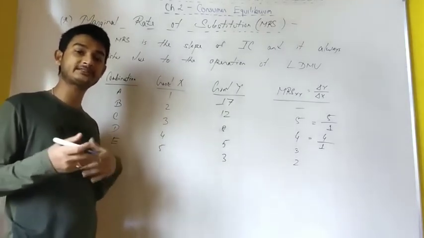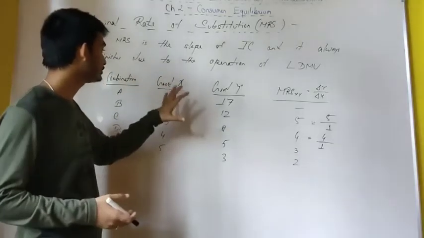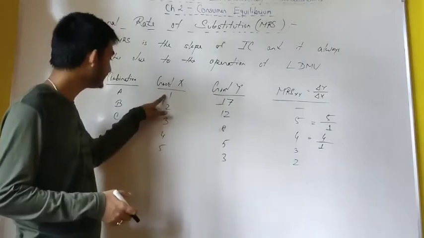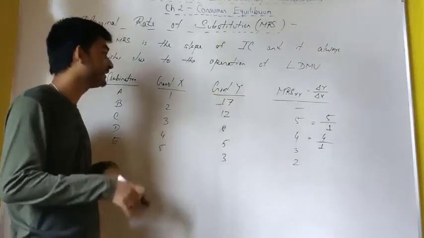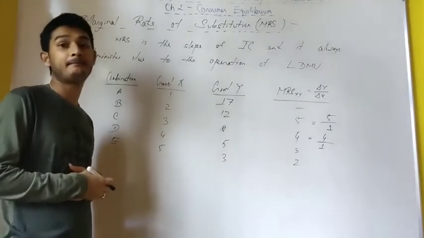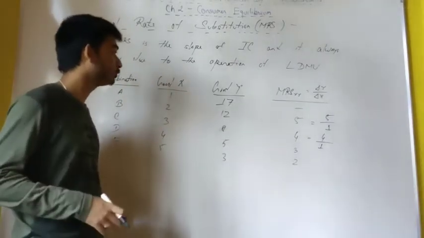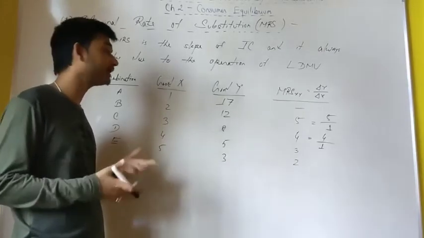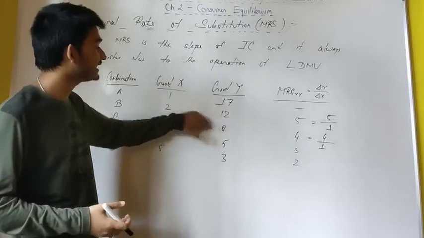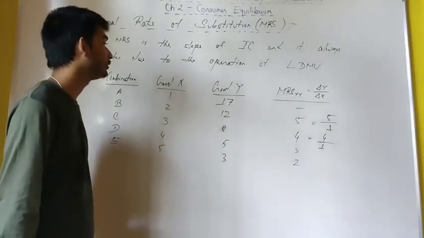To have the same satisfaction in a consumption bundle of good X and good Y, he is experiencing a falling marginal utility in good X. So to overcome that, he is sacrificing less and less of good Y.